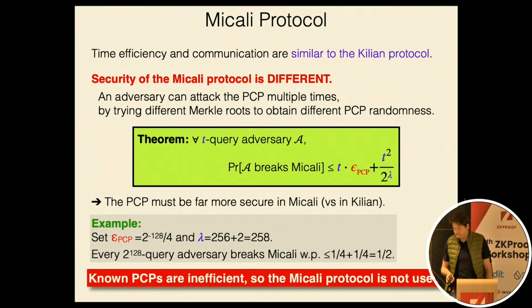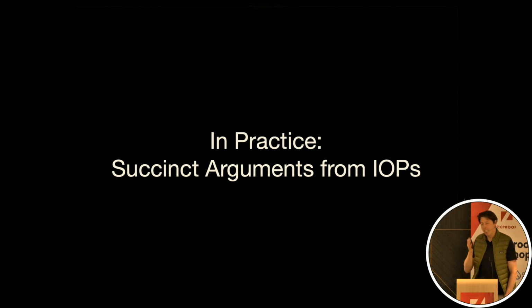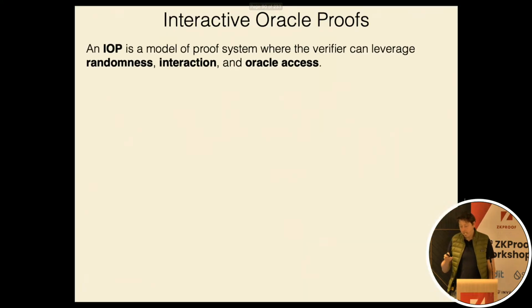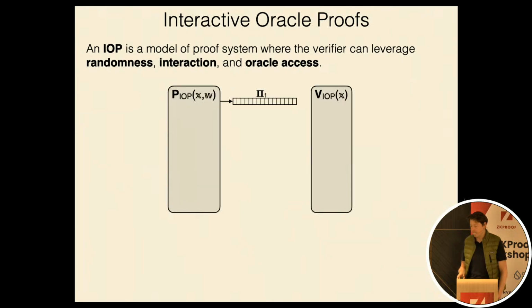All right, so we're past the hard part. Now in practice, we don't use PCPs. They are just PCPs across multiple rounds. So the verifier says, okay, thank you, I'll keep it around.